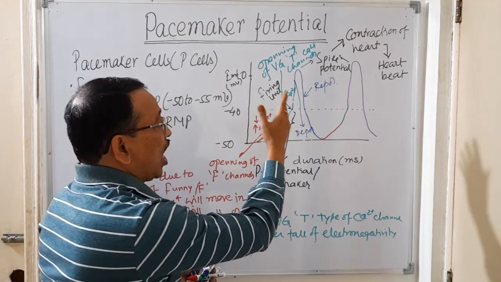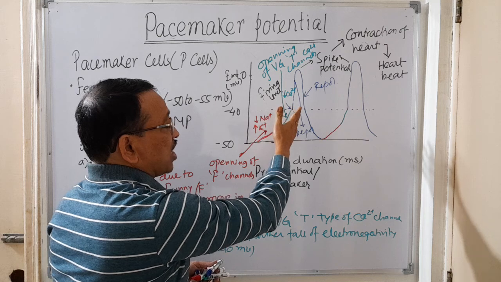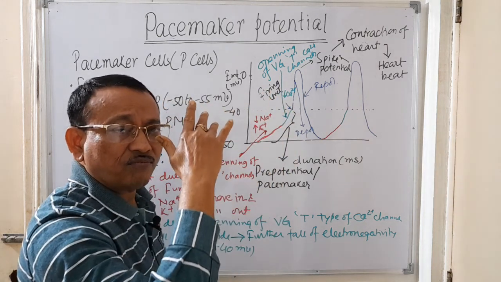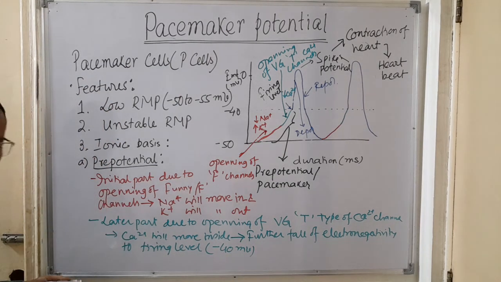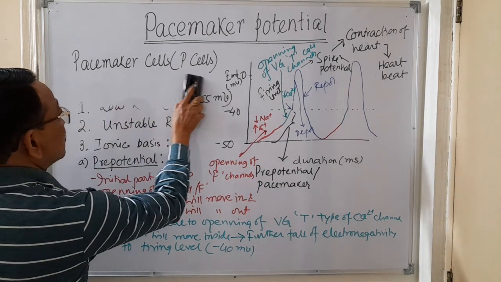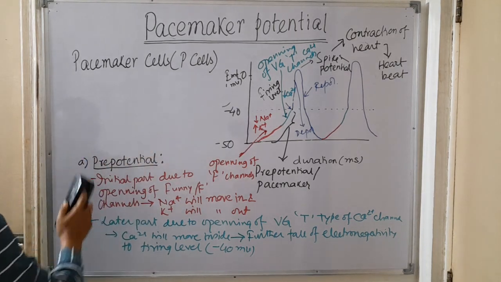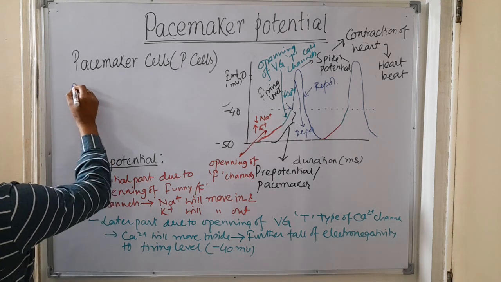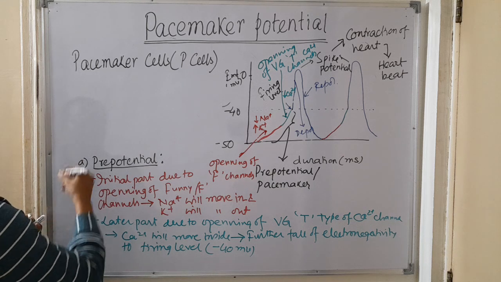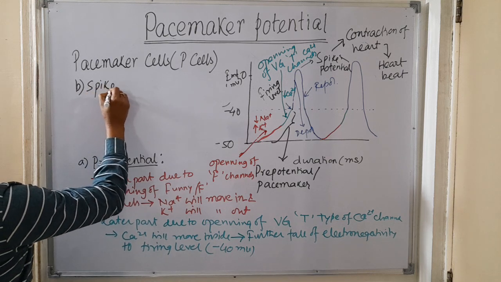So let us see now how this spike potential is developed once the prepotential reaches the firing or critical level. The second one is the ionic basis of the spike potential.